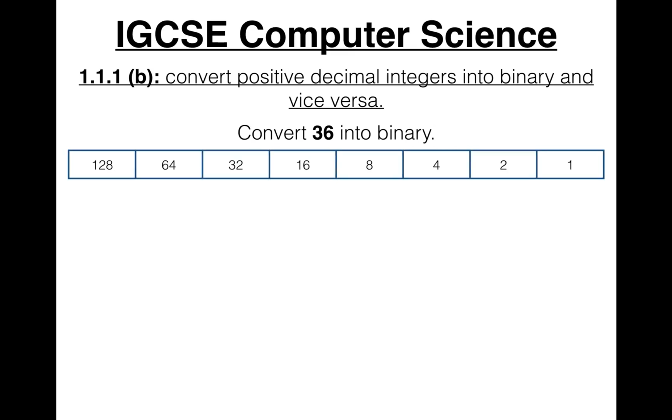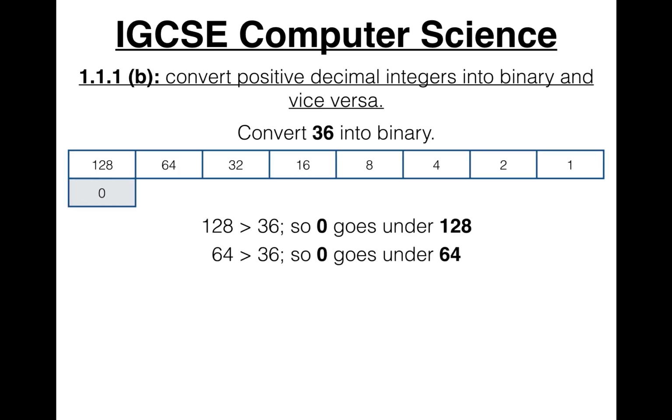We get our table here, and this is one of 2 methods that I'm going to be showing you in this video. First we check the number 36 against the leftmost number here. 128 is higher than 36, so 0 would go under 128.